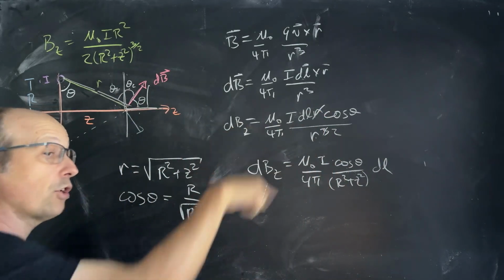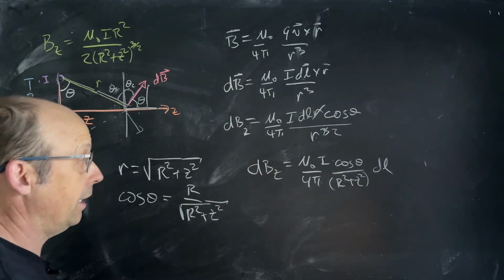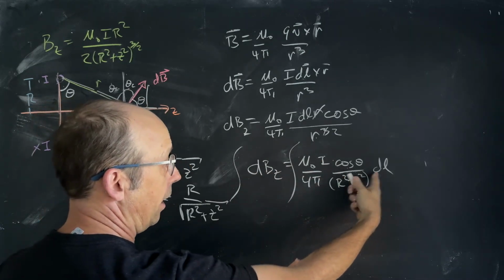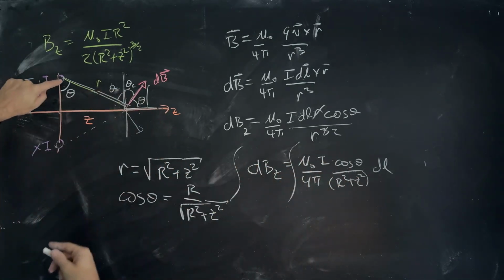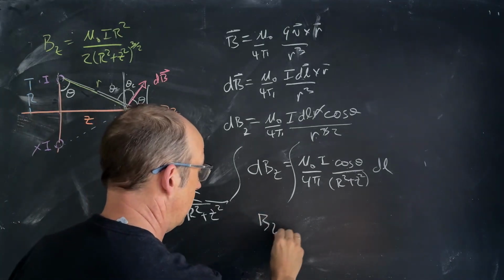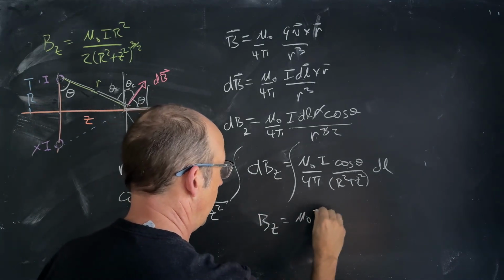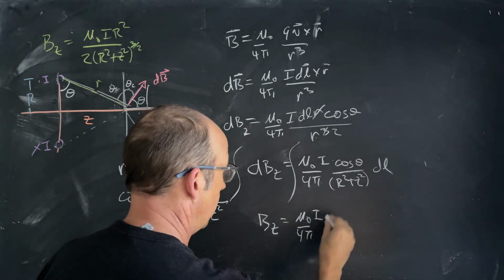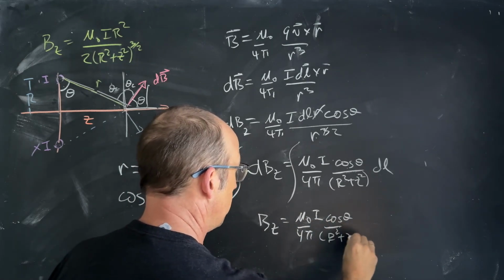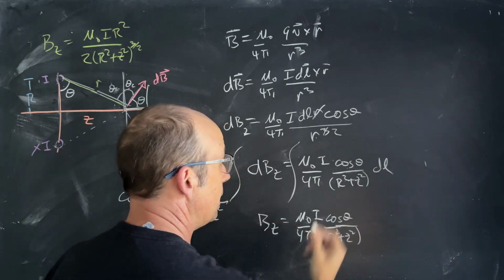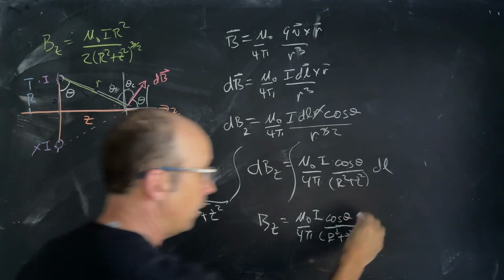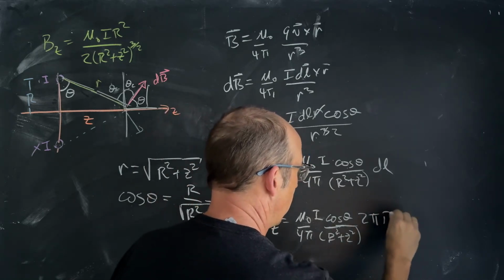So now when I integrate around the whole path, I can integrate both sides. Well, the only thing that's going to change as I integrate is dl. Everything in here is constant. They all have the same angle with respect to that thing. So I get Bz is mu naught I over 4 pi cosine theta over r squared plus z squared. And then dl, the integral of dl around the whole path, is just the length of a circle, 2 pi r.